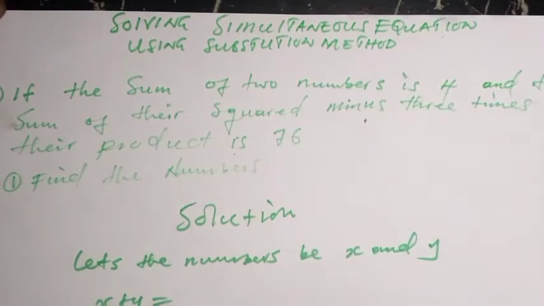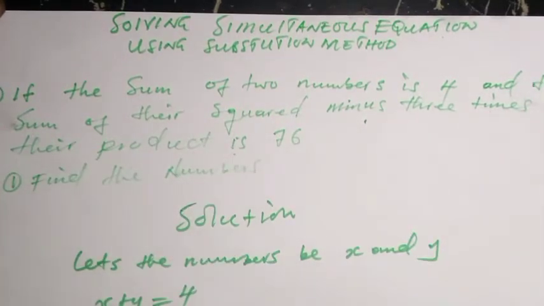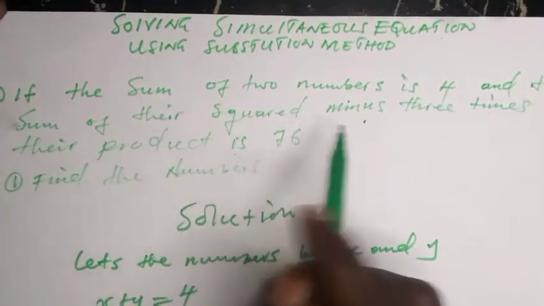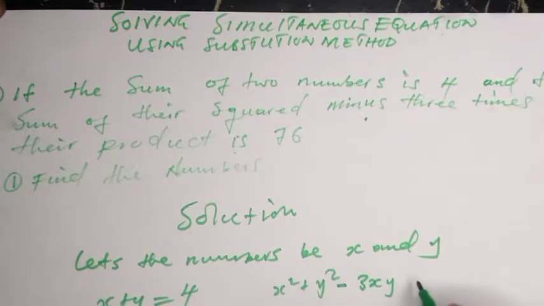And the sum of their squares, so x squared plus y squared, minus 3 times xy equals 76.